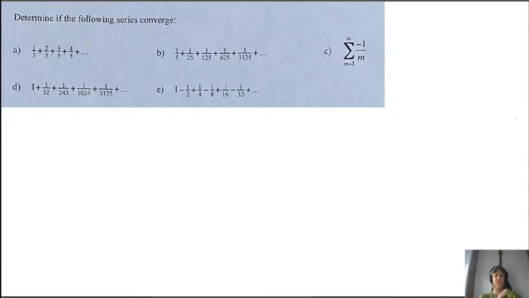What convergence tests do you have? While you're thinking of that, I'm going to try to write this out. So it looks like each one of these has a factor of 1/5. So every term gets multiplied by 1/5. And okay, this is kind of surprising that they're talking about convergence. I guess you can do it with just a limit definition.